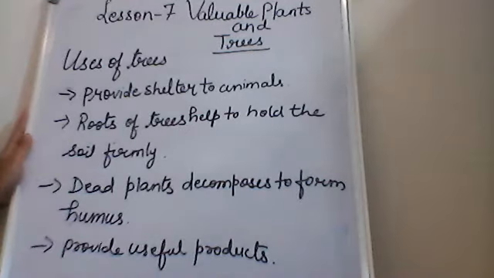Dead plants decompose to form humus. Now what is humus? Let us understand. I think you all have seen the leaves which are shed by large trees, the small plants which die, or the burned grass that falls on the ground.